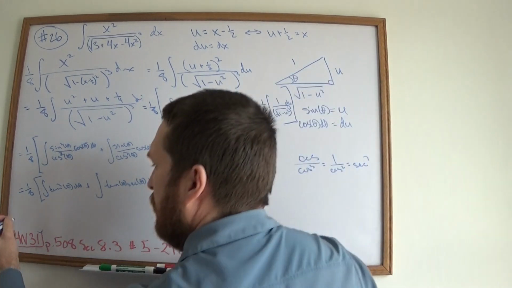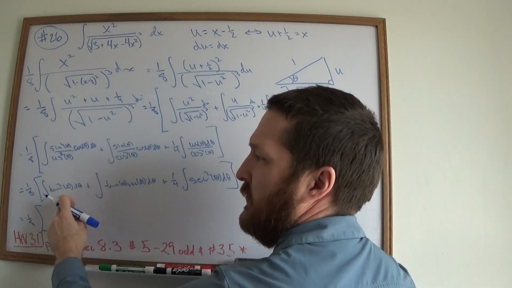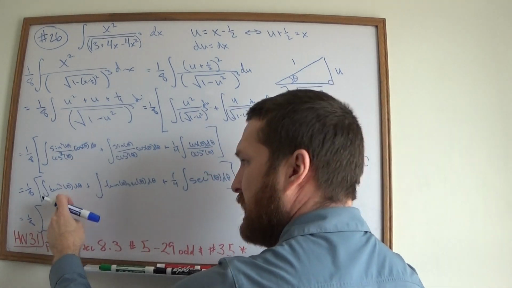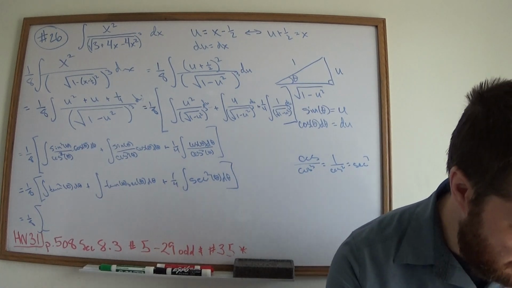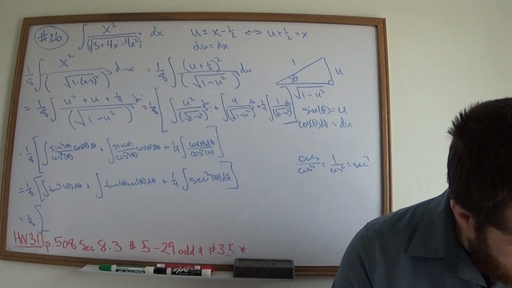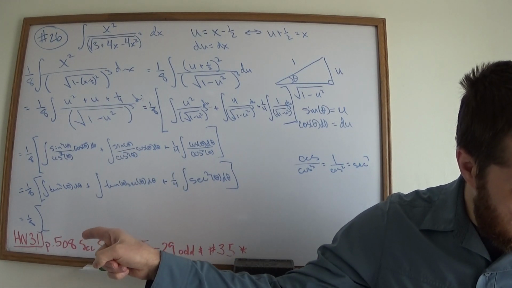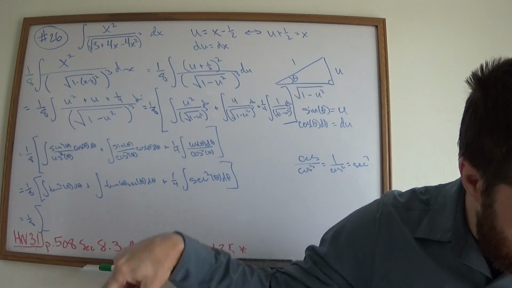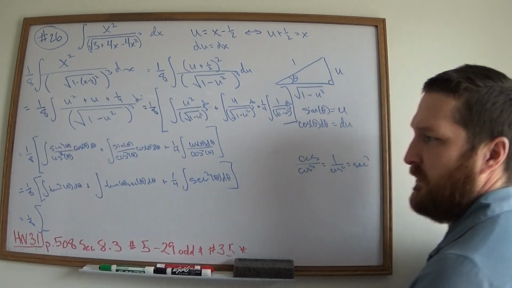Okay, so 1/8 times, now we did this one earlier. I'm not going to go through it because we actually did it. We change that to secant squared minus 1, take the antiderivative of it, and we get tangent theta minus theta.